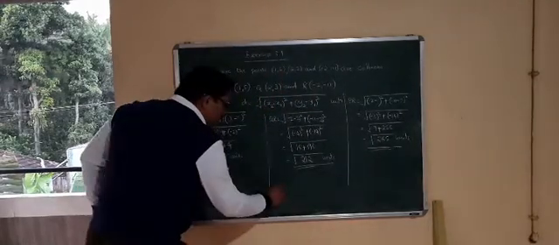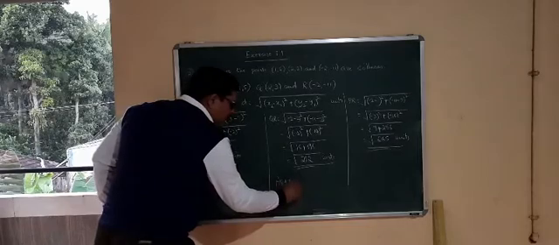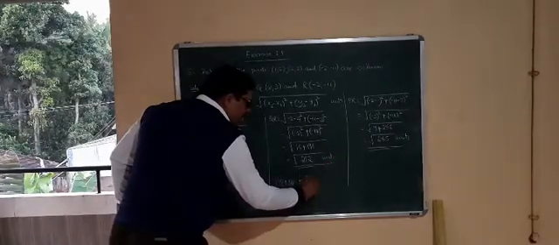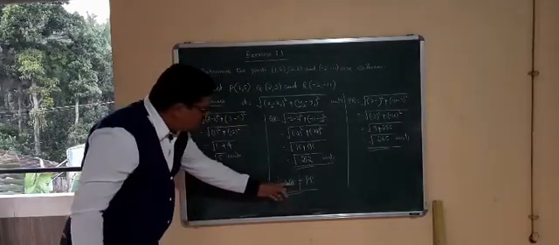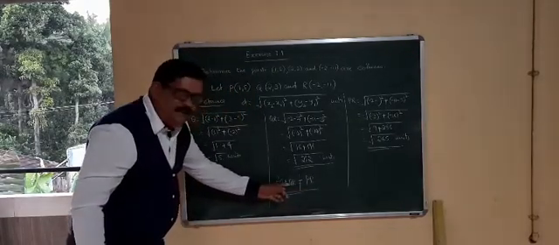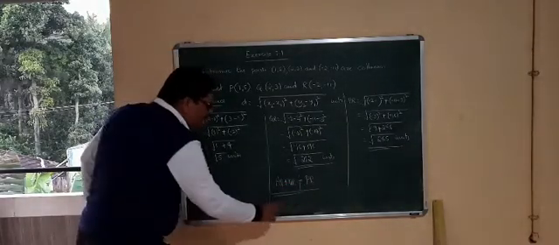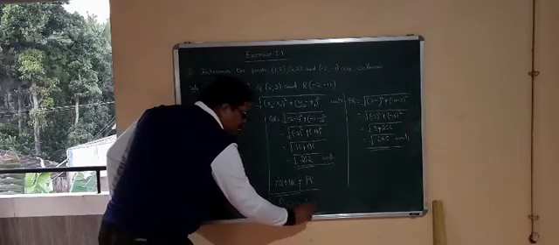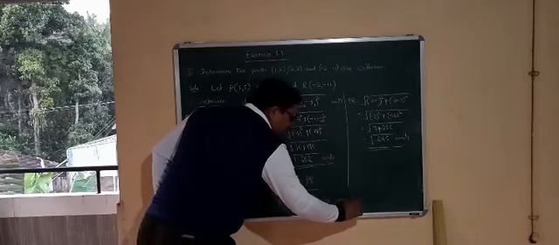Here PQ plus QR is not equal to PR. So, as the sum of these two distances is not equal to this one, the points P, Q and R are non-collinear.